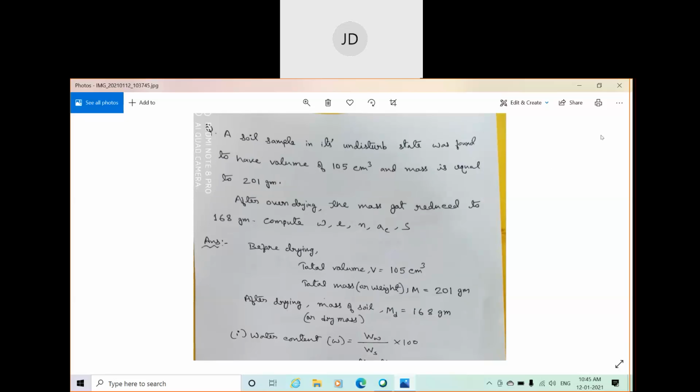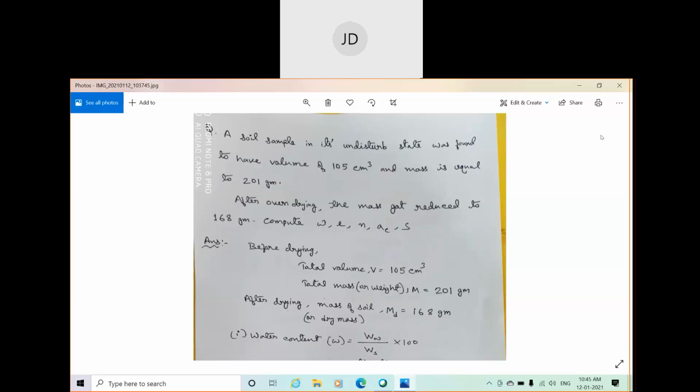In the problem statement of this numerical, it is given that a soil sample in its undisturbed state was found to have a volume of 105 centimeter cube and mass equal to 201 gram.